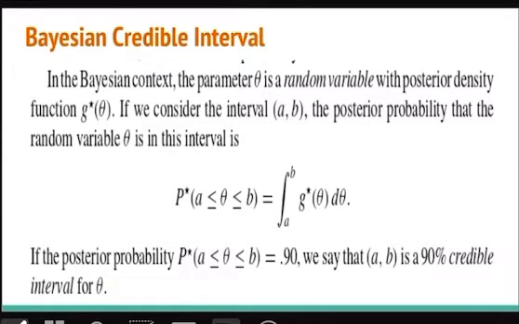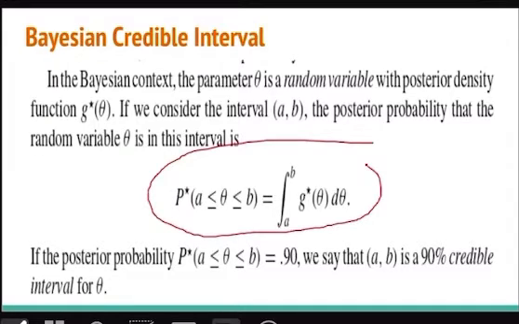We've combined our prior belief with the likelihood; let's say that is g of theta. If we consider an interval A and B, the posterior probability is the probability of theta lying between A and B. We can disclose a level of confidence like 90%, but in the Bayesian framework we call it a 90% credible interval.